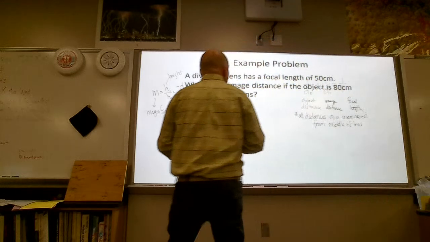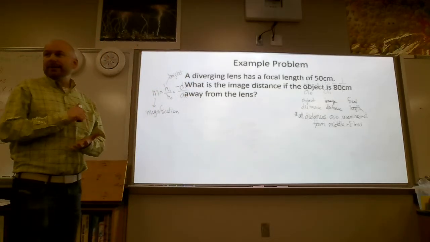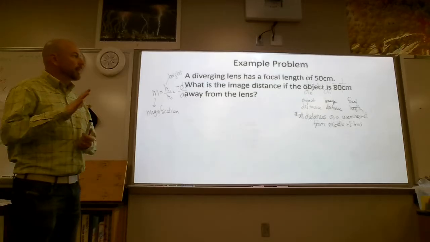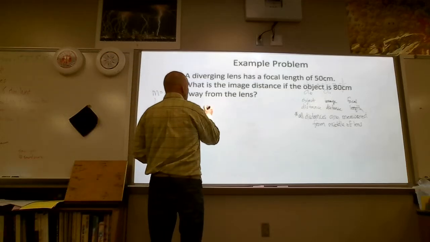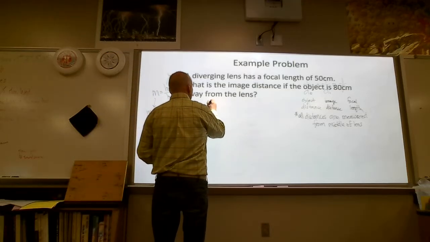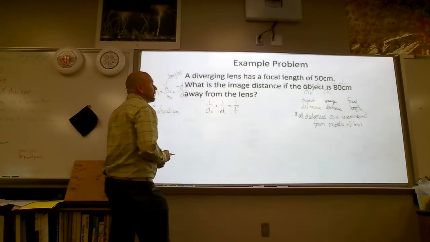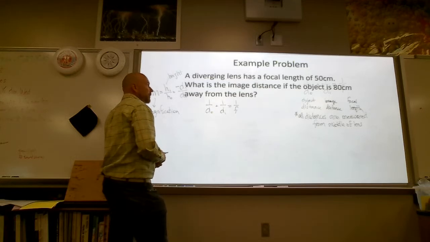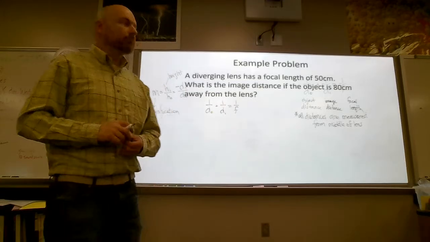If you are given a number, you must assign a positive or negative value to it. If you are looking to solve for it, leave it positive, and it'll come out with its sign. So you have a negative divergent lens: 1 over object distance plus 1 over image distance is equal to 1 over focal length. It has a focal length of 50 centimeters. You could either convert that to meters or leave it as centimeters.